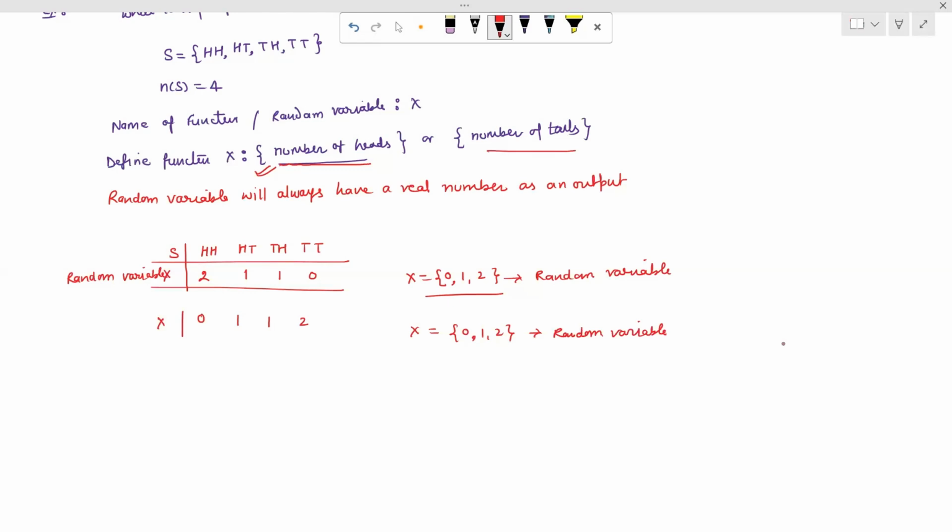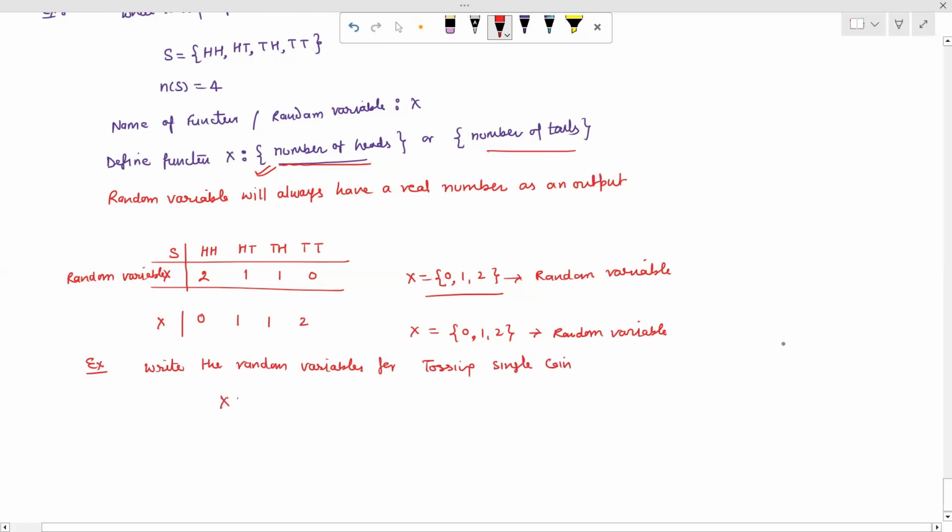Now we take another example. Write the random variable for tossing of a single coin, and the random variable X we represent as getting a head.